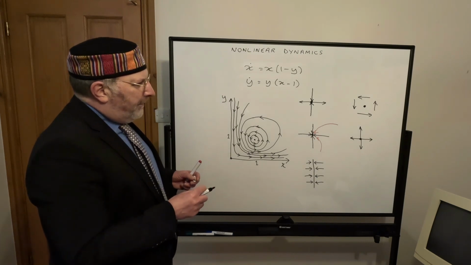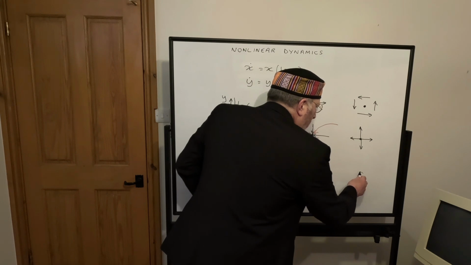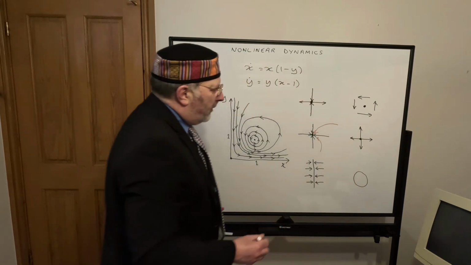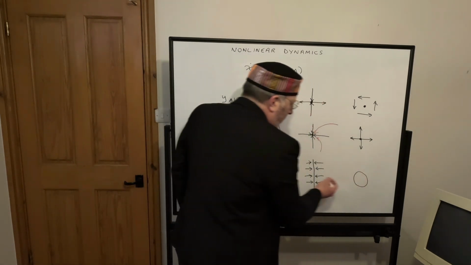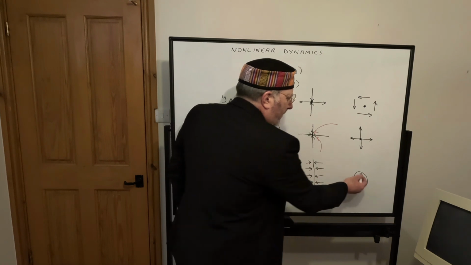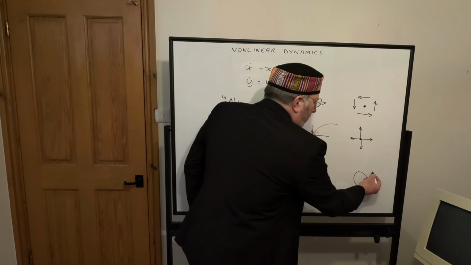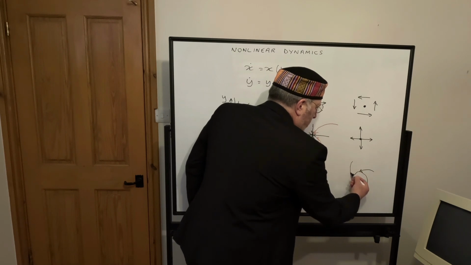And then the last type that we can have is what's known as a limit cycle. This is where it's like a line of attractors, but they're joined up and it works as a cycle, so that if you're out here, you're attracted in towards this limit cycle.